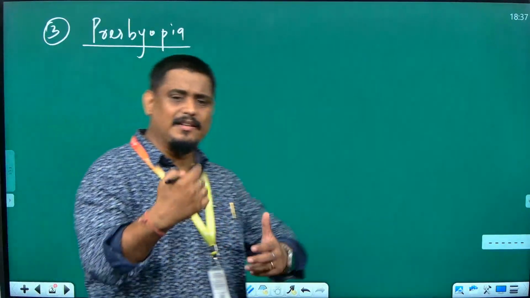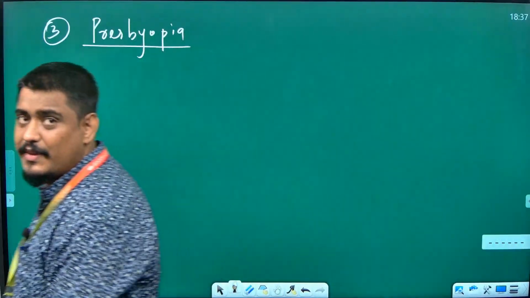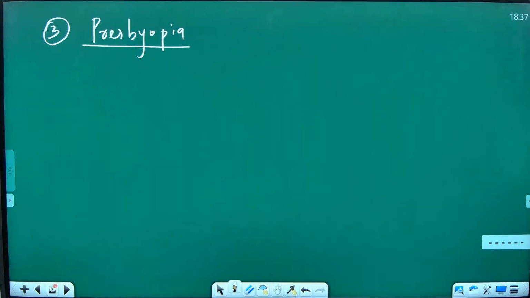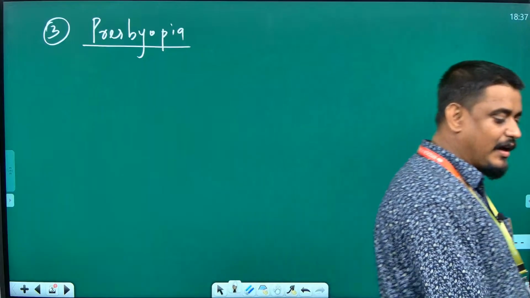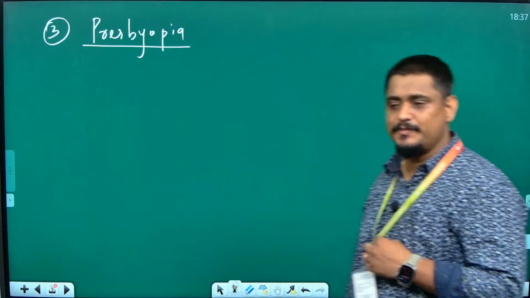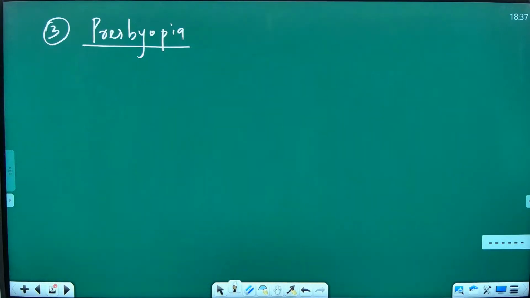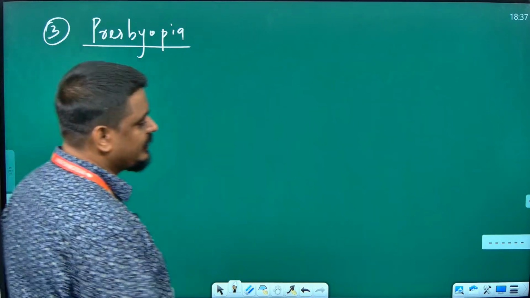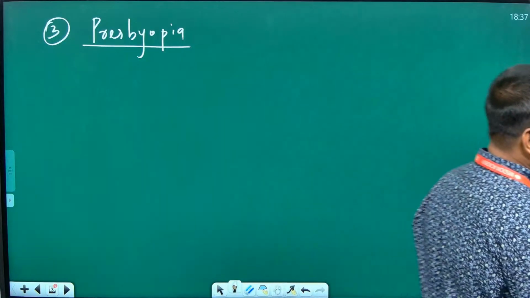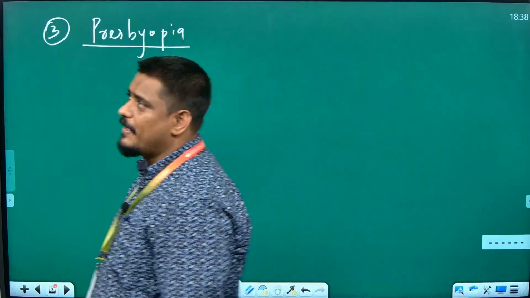Just write in words that if an eye has both myopia and hypermetropia, it is said to be presbyopic.